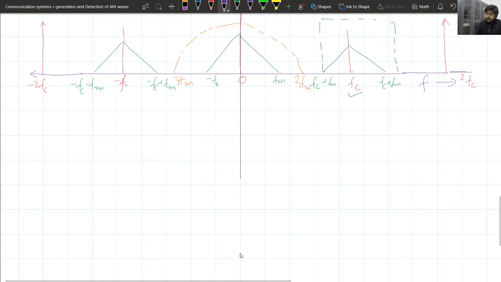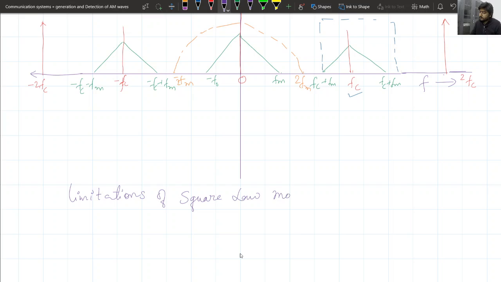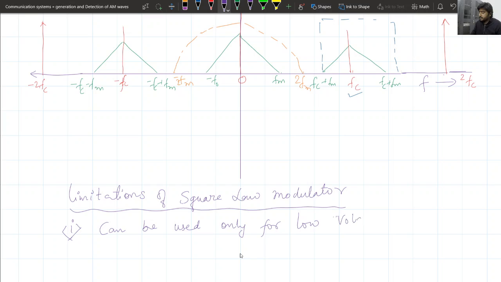Now, the limitation of this method, that is the square law modulator, it can be used only for low power variations, or low voltage variations.